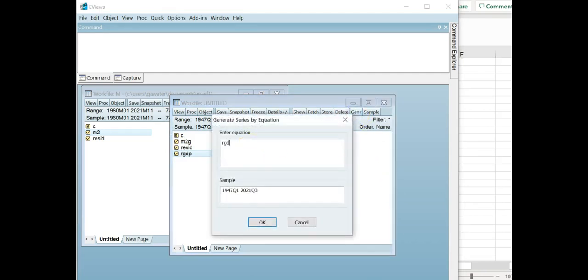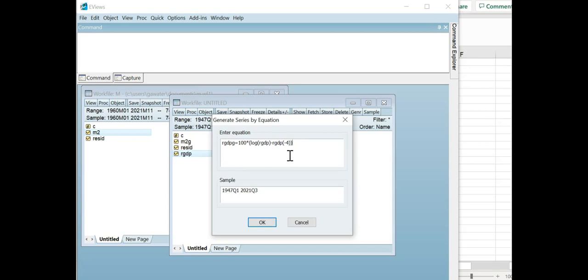RGDPG equals 100 times log(RGDP) minus log(RGDP(-4)). When I do that, the minus 4 means the fourth lag.